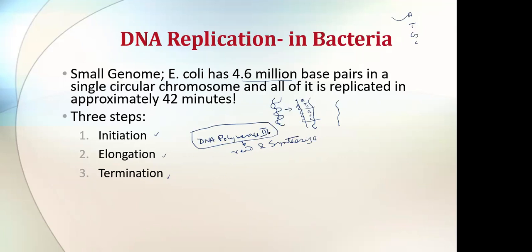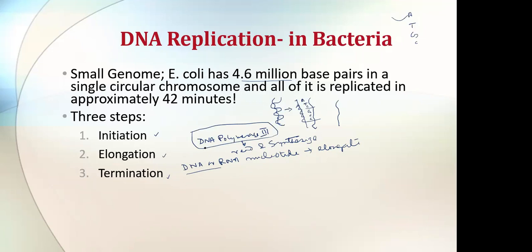DNA polymerase is very good, it will read and it will synthesize, but it can only add a nucleotide if there is a DNA or RNA template or RNA nucleotide there to elongate. If there is no DNA or RNA nucleotide available, then DNA polymerase cannot start the DNA replication.